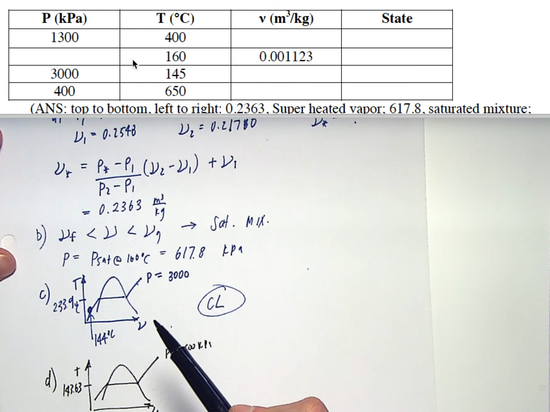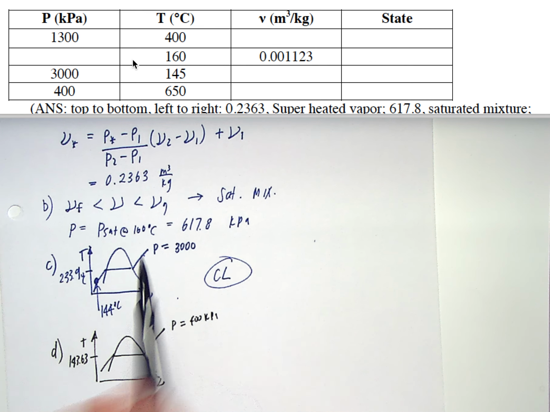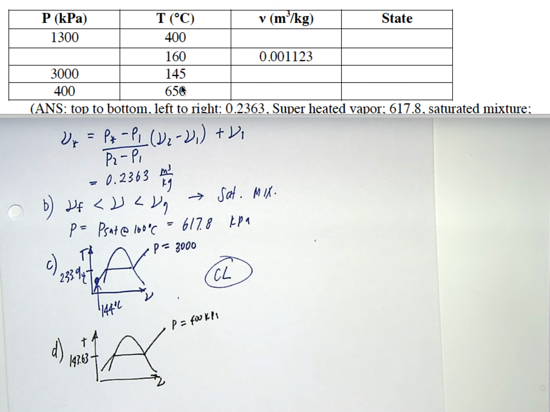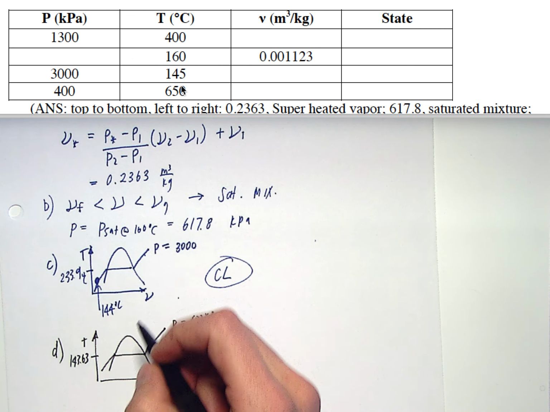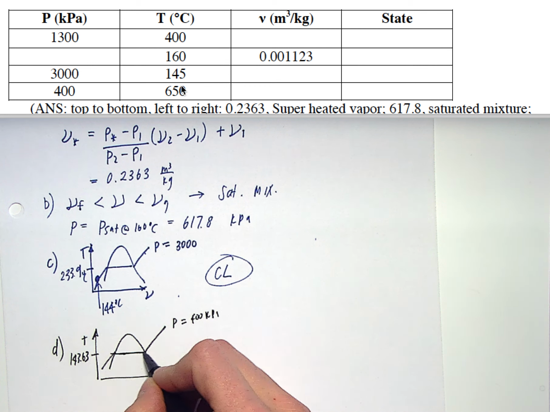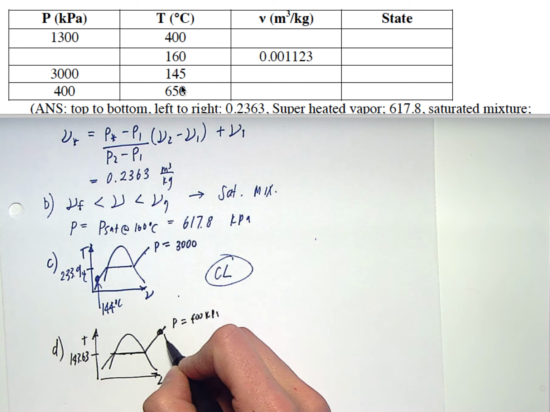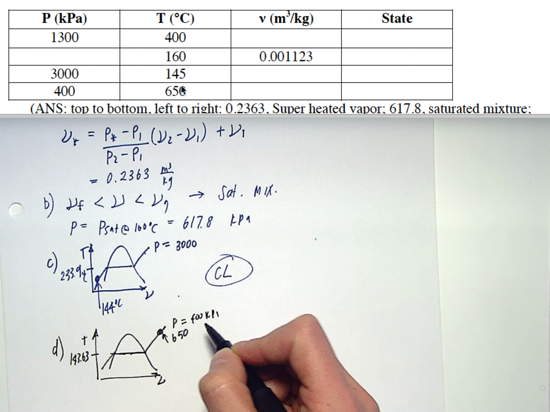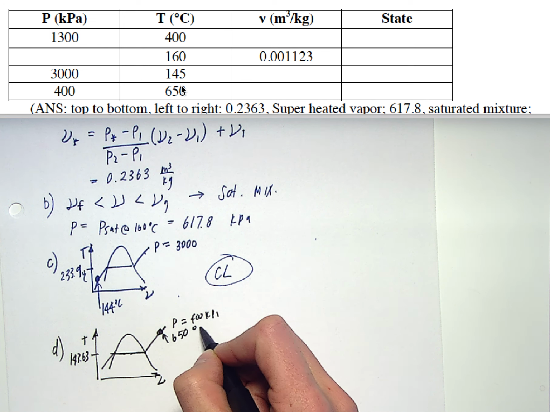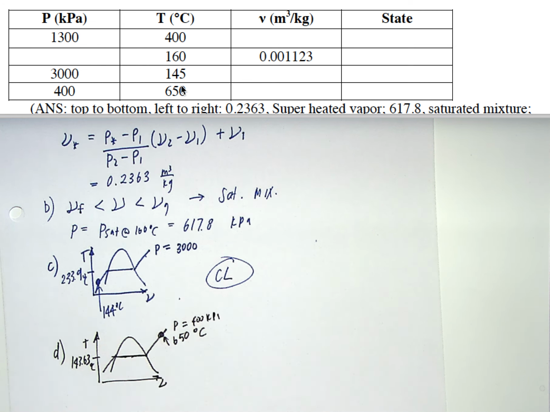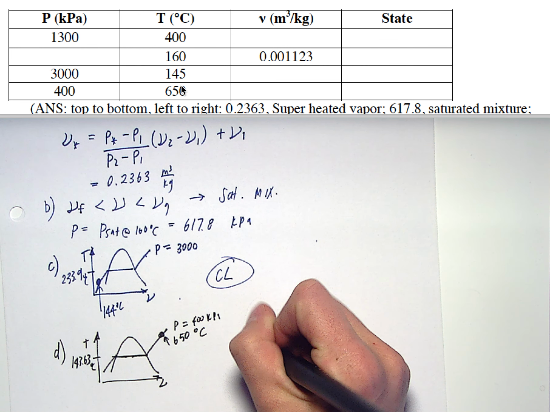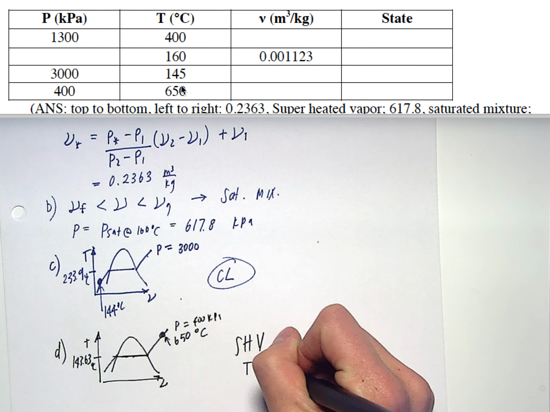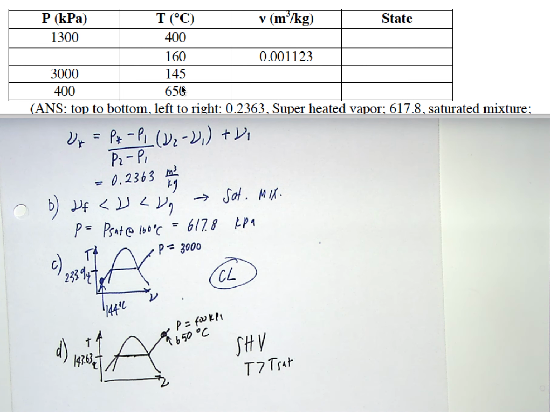The temperature given in the table right here was 650, so it's well above this line here, so you know it's going to be somewhere out here. So that means that it's a superheated vapor because the temperature is greater than saturation temperature at that pressure.